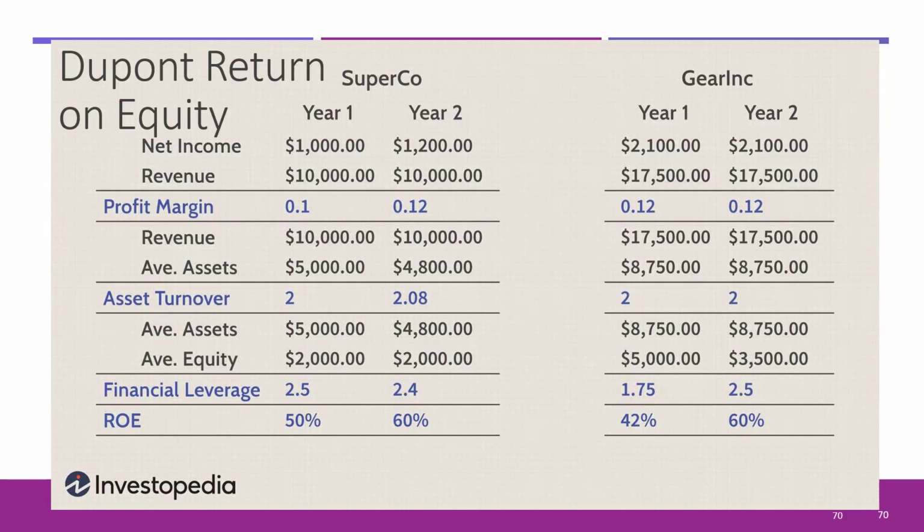The effect of debt, the financial leverage ratio or the debt ratio, goes from 1.75 to 2.5. And so huge returns increases can be driven by financial leverage, assuming that the returns are reliable and sustainable enough to make the debt payments as they come due, right?